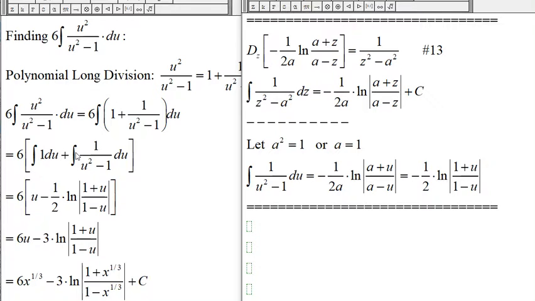Here we want the antiderivative of 1 over u squared minus 1. So we can let a squared be 1, or a is 1.